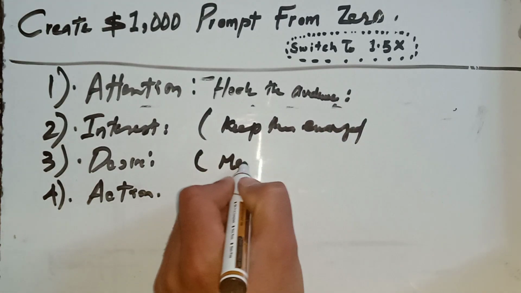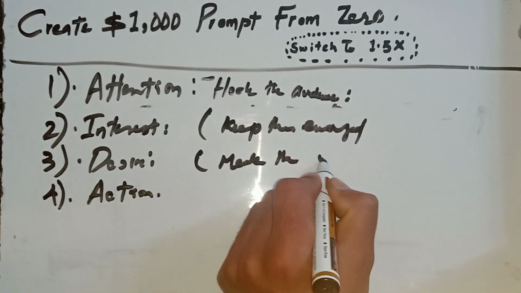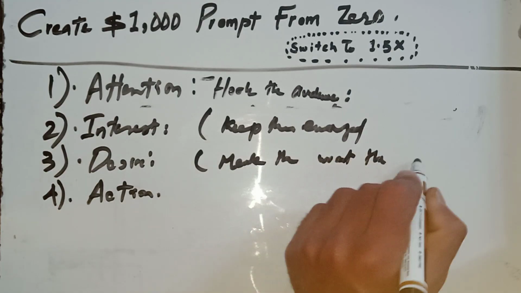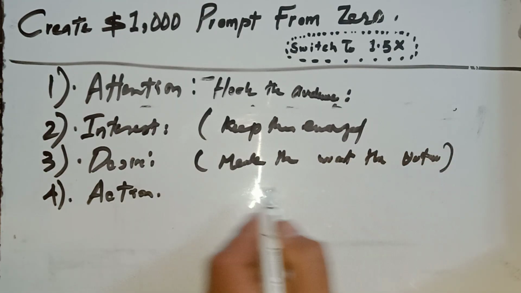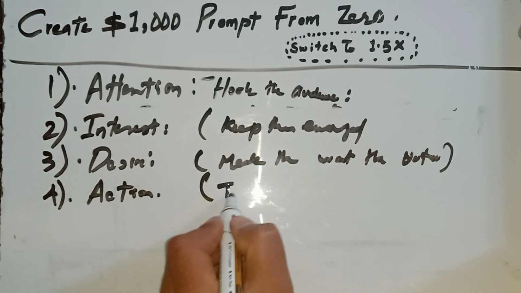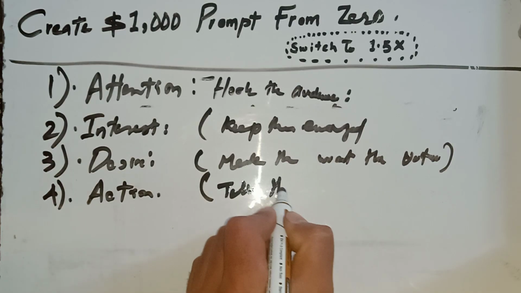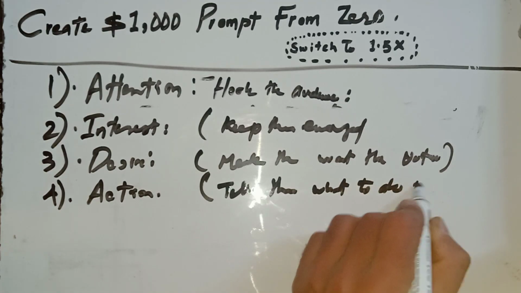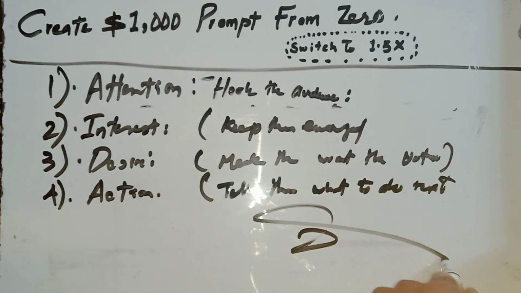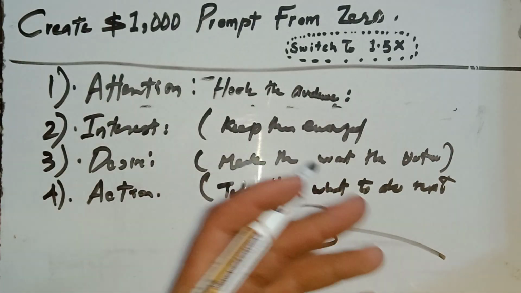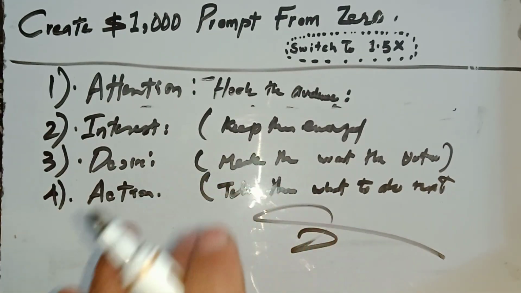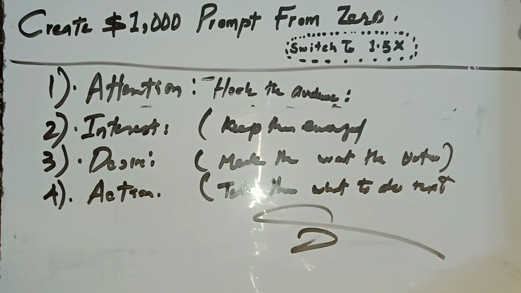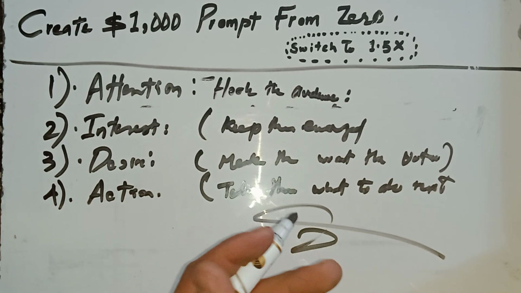Desire will make them want the outcome, and with action you tell them what to do next. This is the framework you can use if you are building something in marketing, copywriting, or LinkedIn posts.